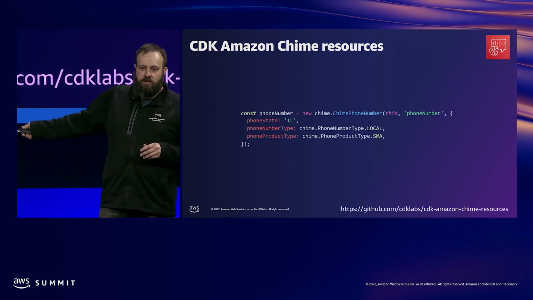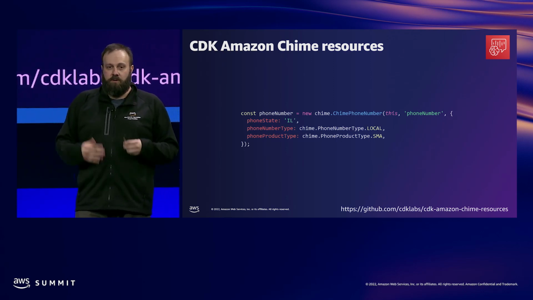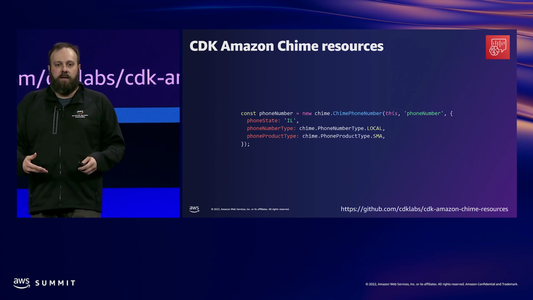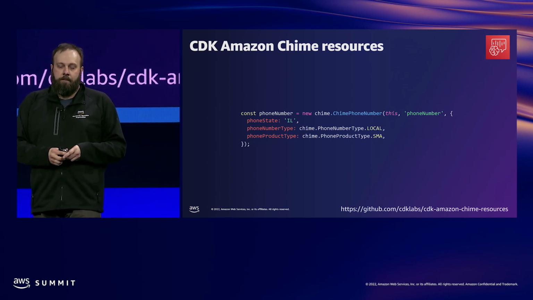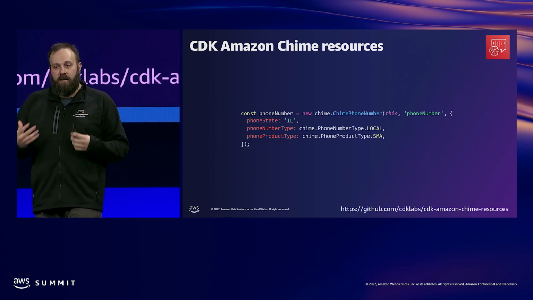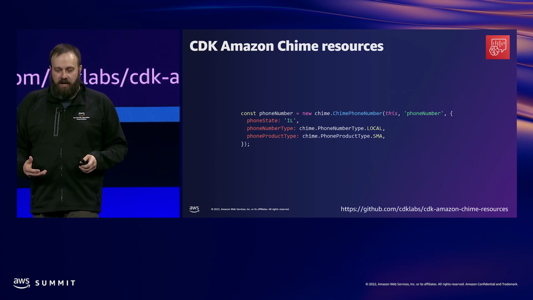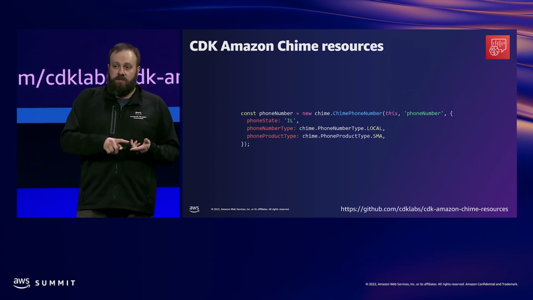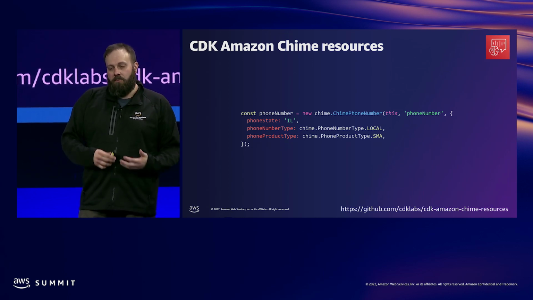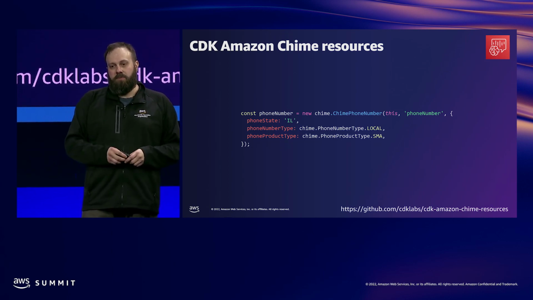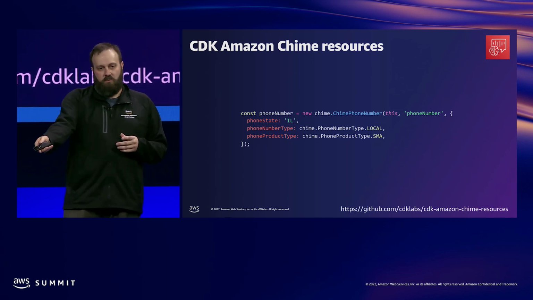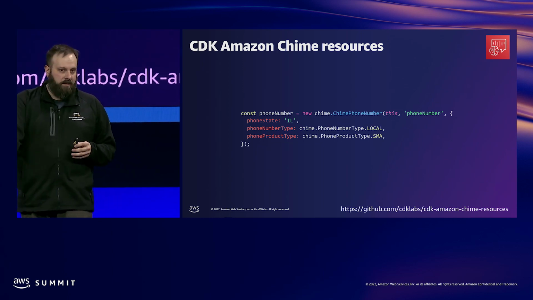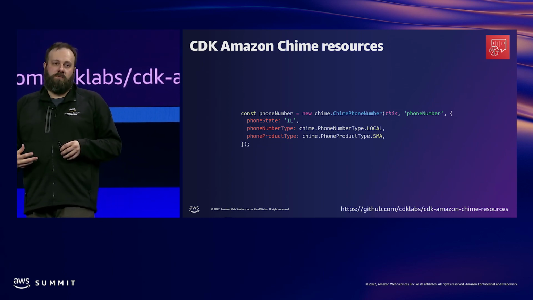Chime does not support CloudFormation, but it does support CDK, the Cloud Development Kit. So we've created a construct for CDK that allows you to build your infrastructure with code. If you need a phone number, we can get you a phone number. If you need a voice connector, there's similar code for the voice connector.